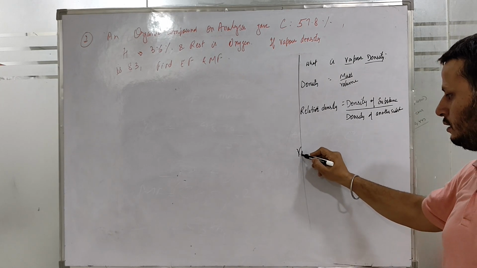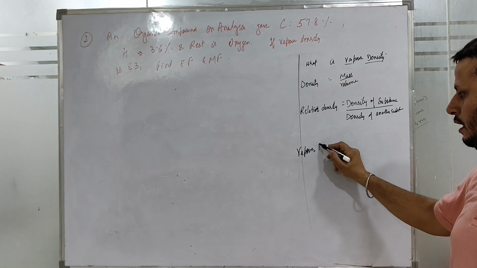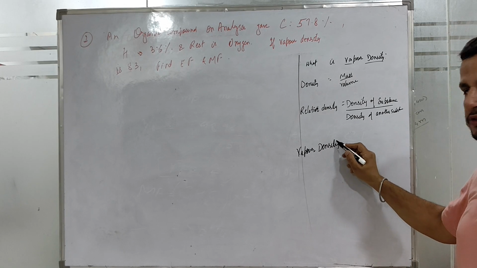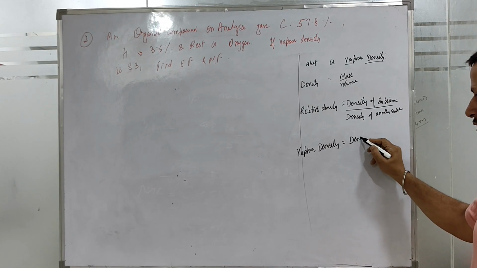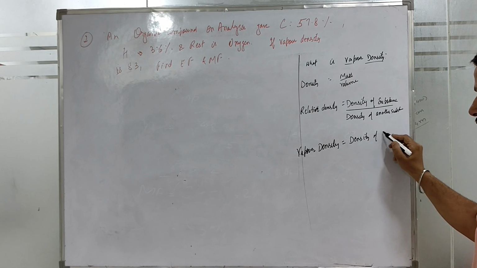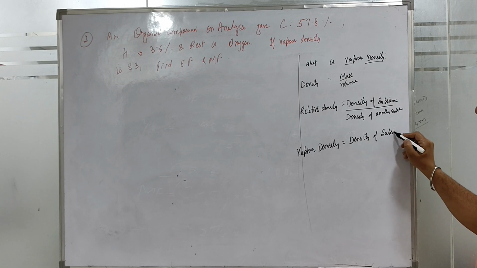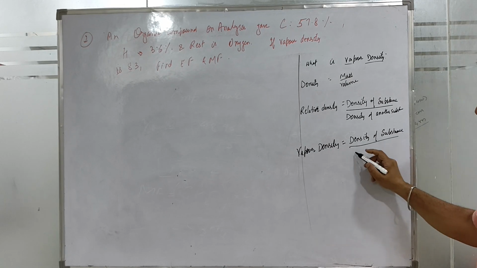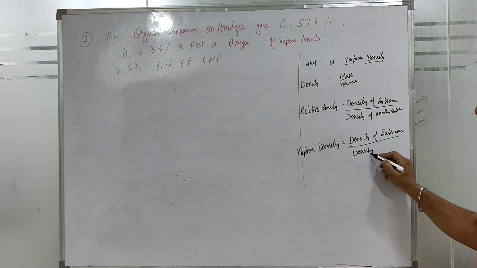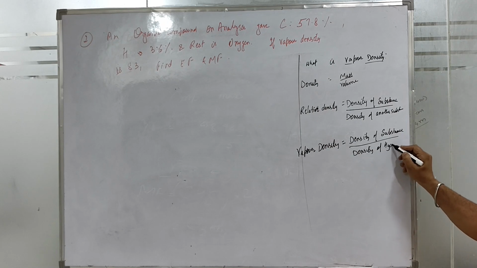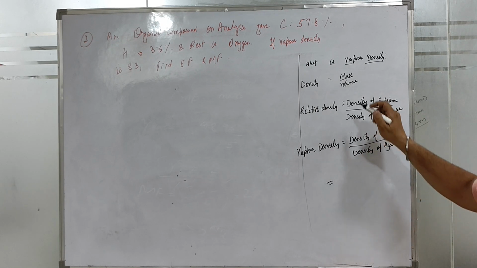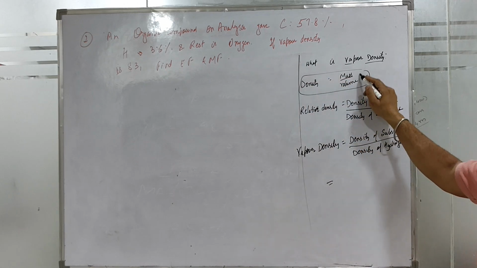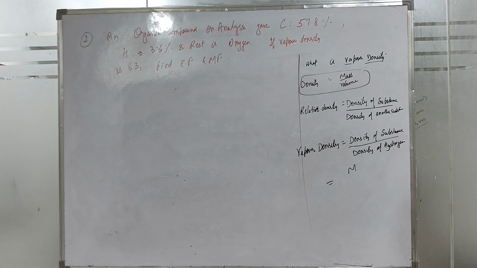So vapor density is calculated with respect to hydrogen. Vapor density is the density of the substance divided by the density of hydrogen. So density of substance, now we will use this formula. Density is equal to mass over volume.